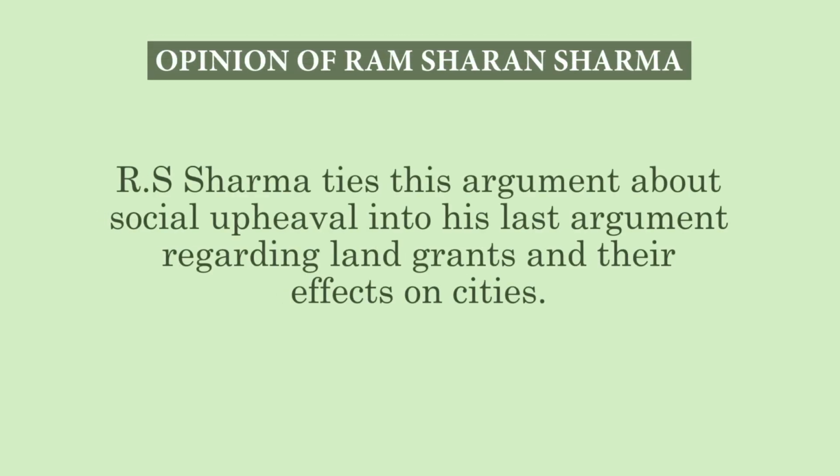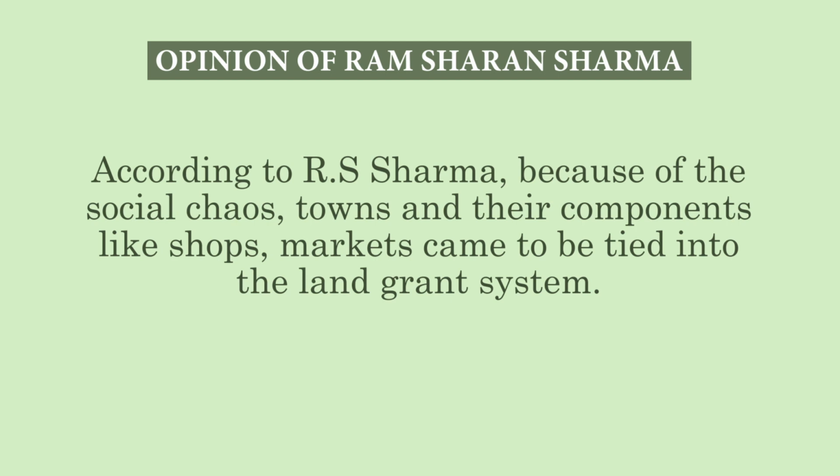R.S. Sharma ties this argument about social upheaval into his last argument regarding land grants and their effects on cities. According to Sharma, because of this social chaos, towns and their components like shops, markets came to be tied into the land grant system.